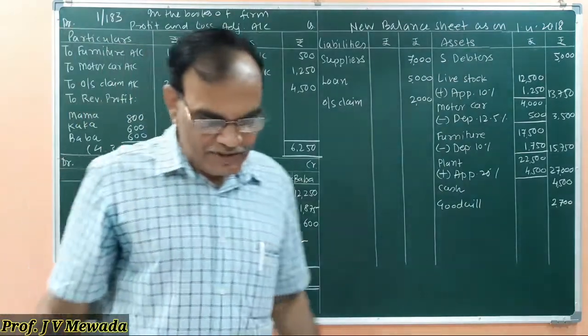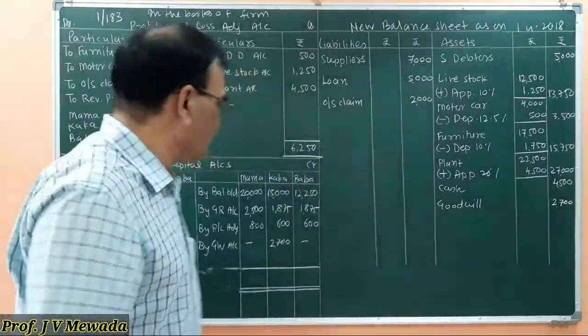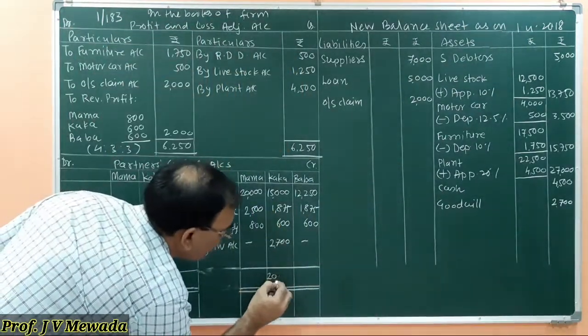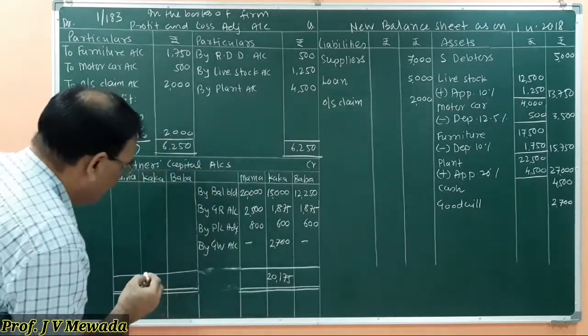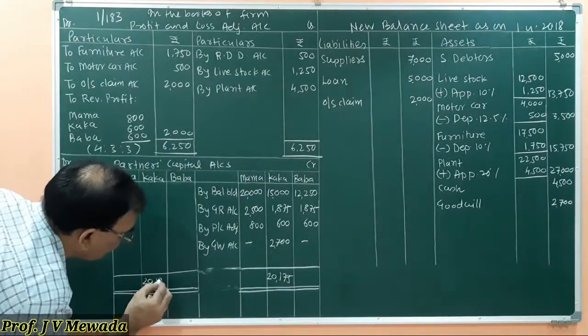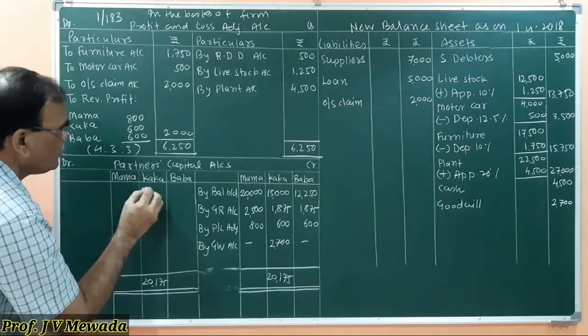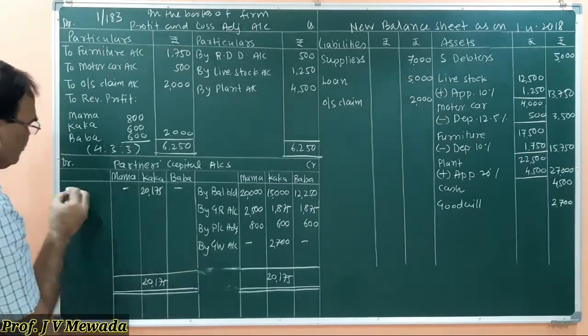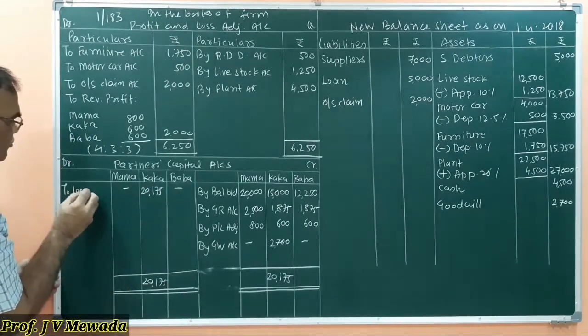So the total of Kaka is 20,175 to loan account.